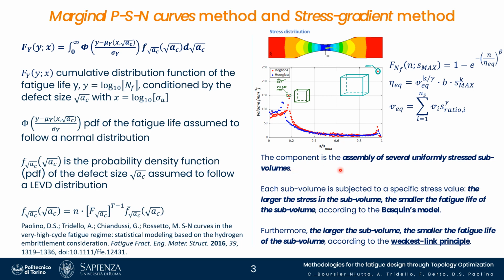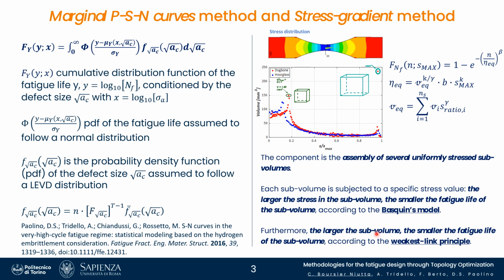The second method is based on the stress gradient within the component. In particular, the component is seen as the assembly of several uniformly stressed subvolumes. Each subvolume is subjected to a specific stress value. The larger the stress in the subvolume, the smaller the fatigue life of the subvolume according to the Basquin model. But also, the larger the subvolume, the smaller the fatigue life of the subvolume according to the weakest link.